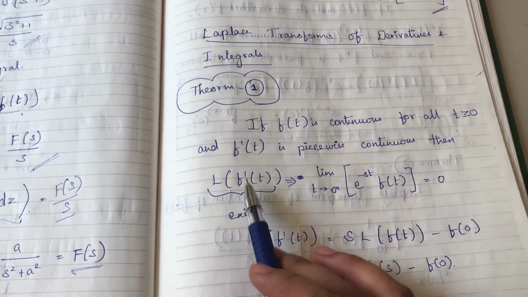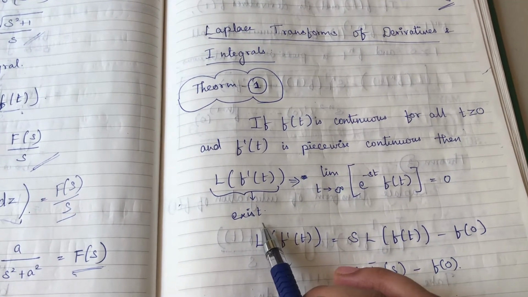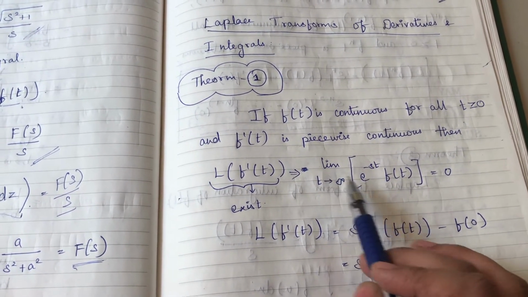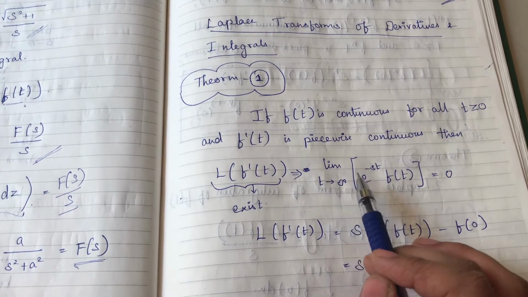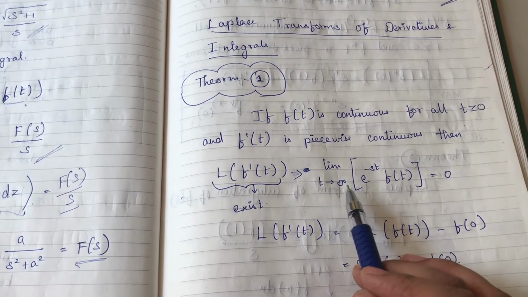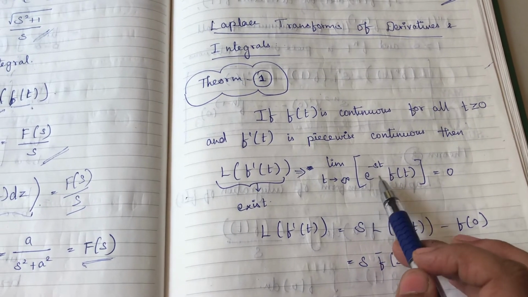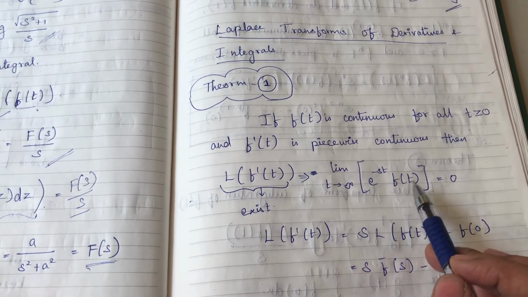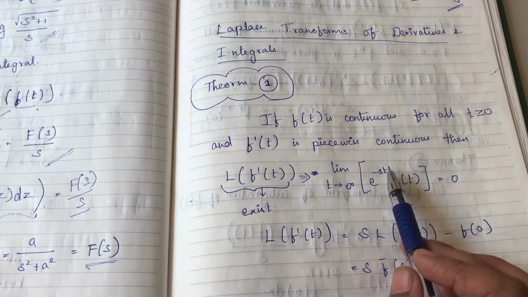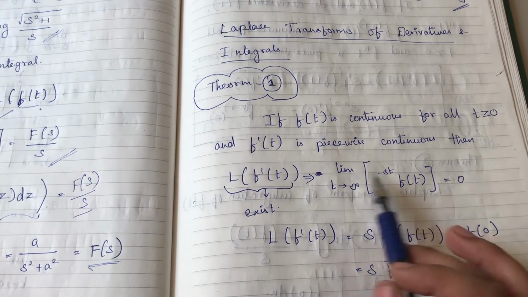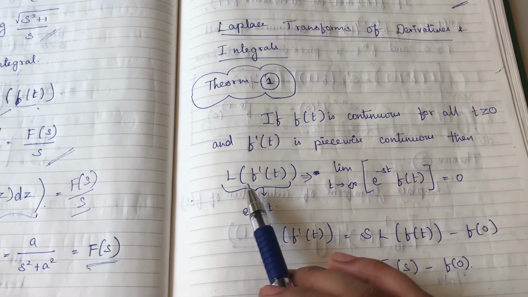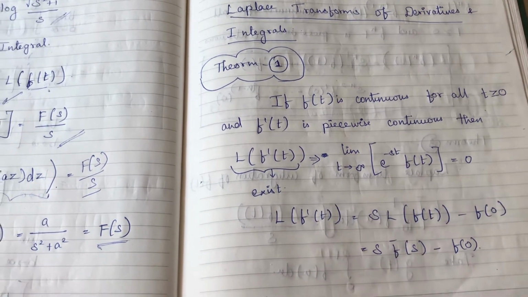So, L of f dash of t will exist means the limit t tends to infinity of e power minus st into f of t will be equal to 0. E power infinity is what? 0. So this term will become 0 only if L of f of t exists.